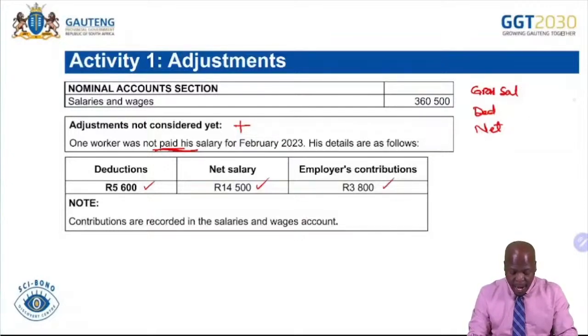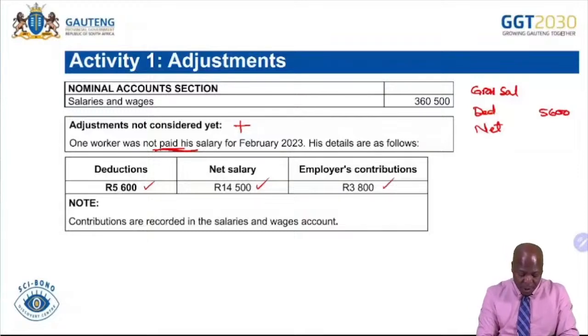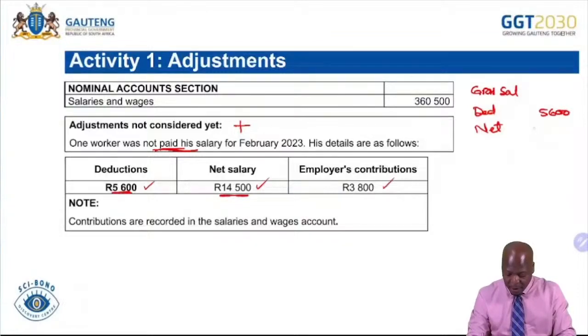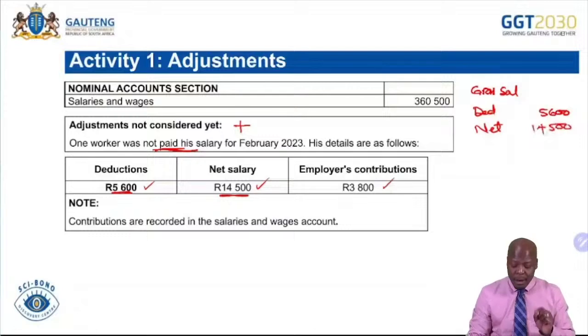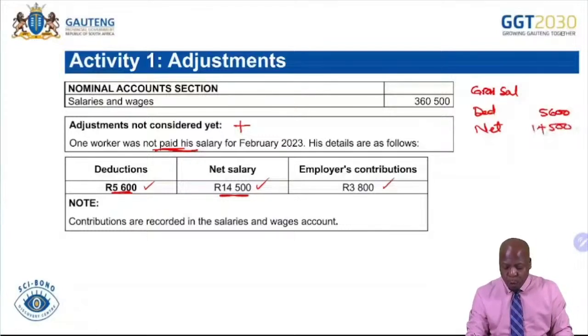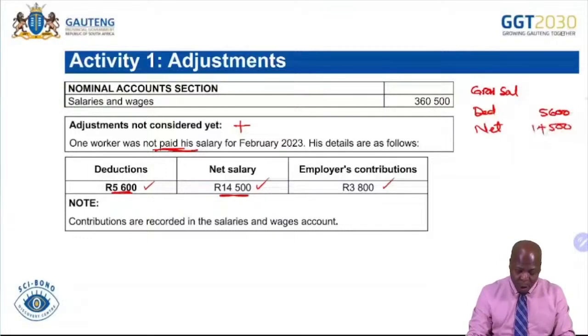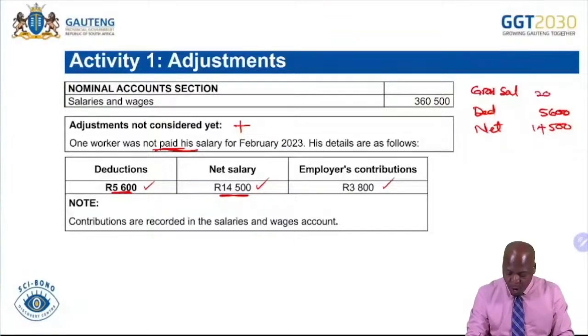In this case, we are given deductions which are 5,600. Are you still following me? All right. So you are given deductions here, which is 5,600, and you are given net salary, which is 14,500. We know for certain that if I have my gross and I subtract 5.6, I get 14.5. So if I then do the opposite, I should get my gross. All right. So my gross, therefore, is going to become 20,100. That is my gross.